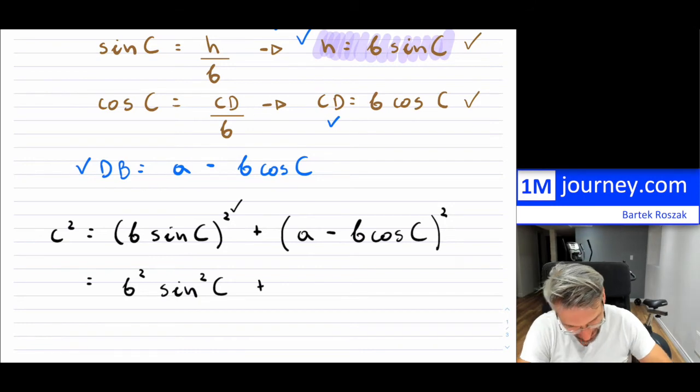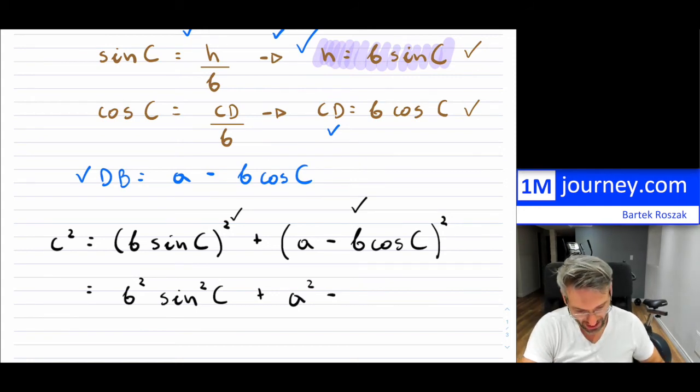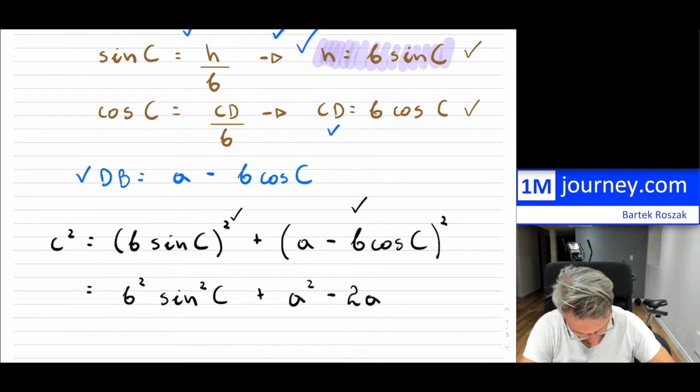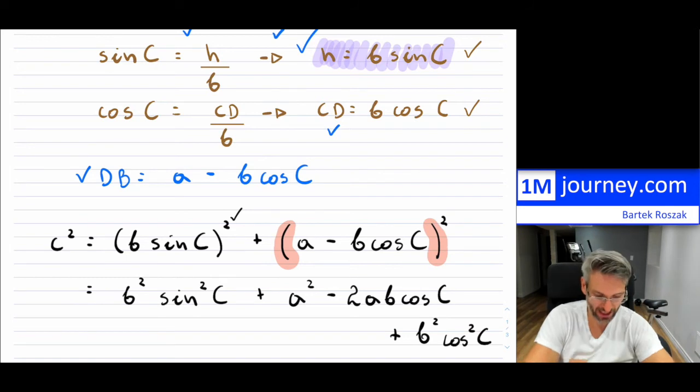Plus, now I have to square this entire thing: A squared right here, minus, as I'm squaring it because it's a perfect square, this is going to turn out to be 2AB cos of the angle C, and finally plus, at the end there, B squared cos squared C. And you can take this entire thing and square it, if you like, for yourself, and you're going to come out to this.